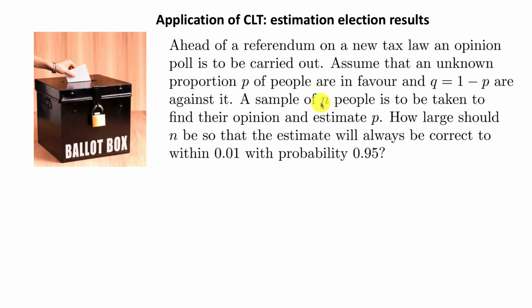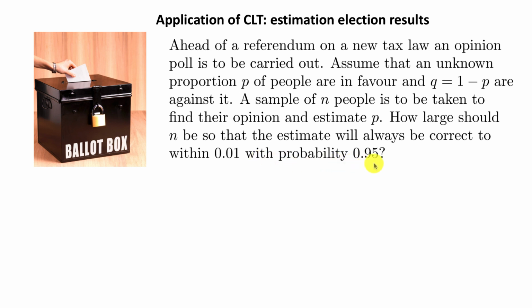We are asked the following question. A sample of n people is to be taken to find their opinion and to estimate P. How large should n be so that the estimate will always be correct to within 1%, with probability 95%?